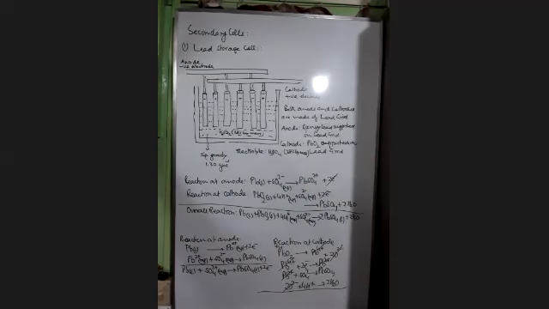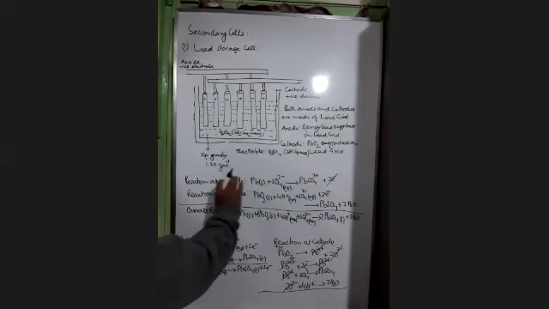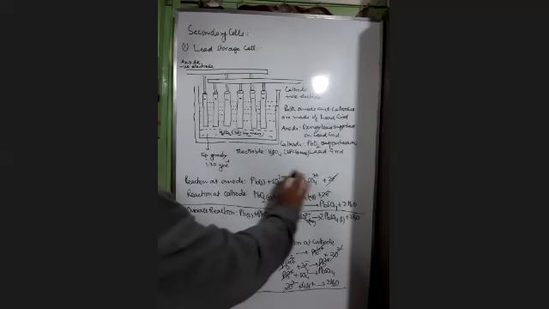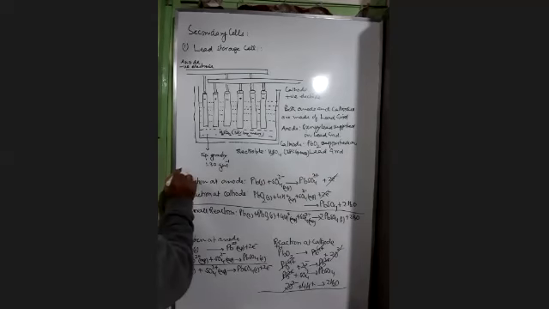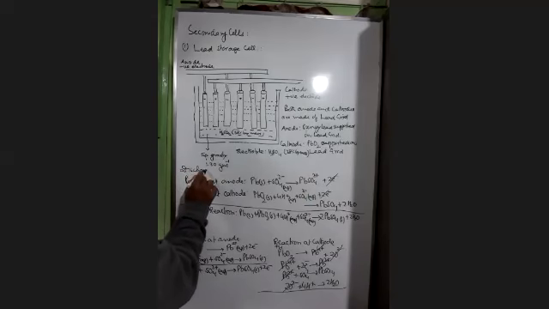All this occurs by consuming electricity from the battery. So this is the equation of discharge. This process is called discharge.